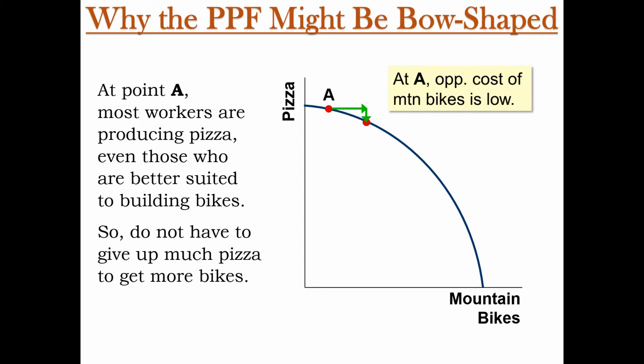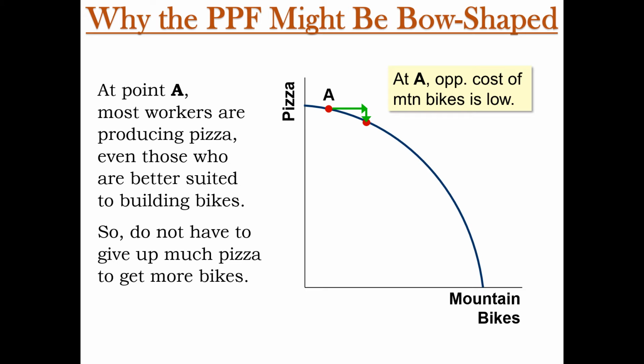That's because, think about it this way, imagine our workforce is divided between half of our workforce, roughly, which is really, really good at making pizzas. They have the skills and the personality and the desires and the work ethic to be really good at making pizzas. Okay? But it also means that they're not that great at making mountain bikes.